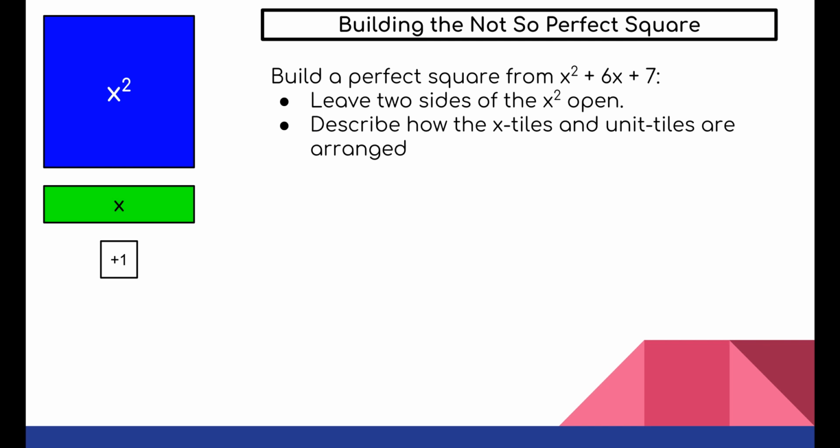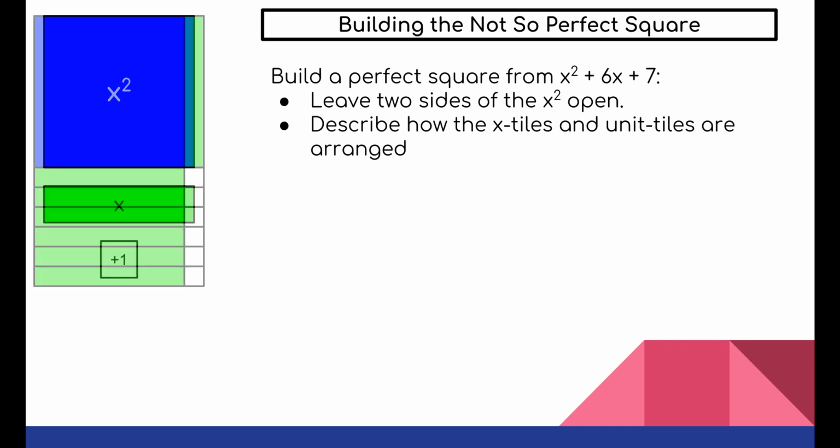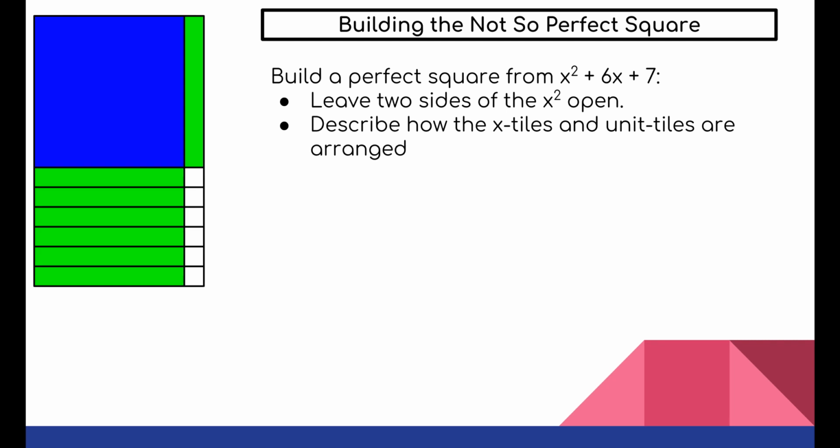So we would start by saying, build a perfect square from x squared plus 6x plus 7. Leave the two sides of the x squared tile open, and describe how the x tiles and unit tiles are arranged. Some students may complete a rectangle.